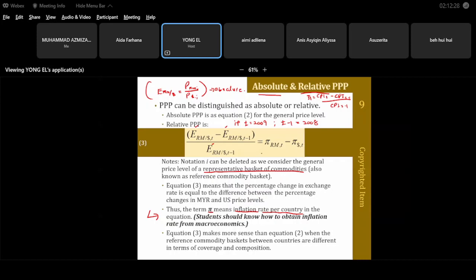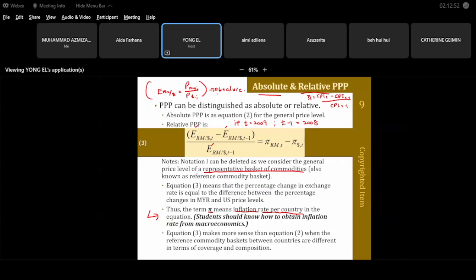But for understanding PPP and its relations to price level and interest rate, like in this lecture, it's okay to apply the absolute one because absolute PPP is much more convenient and easier to apply. I don't say absolute PPP is wrong.